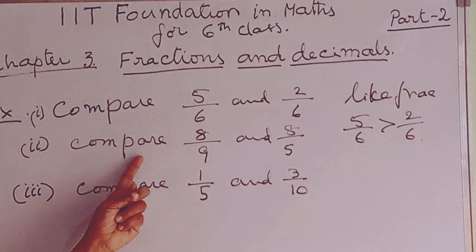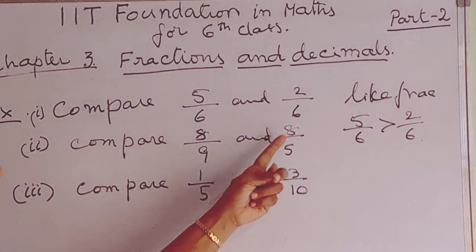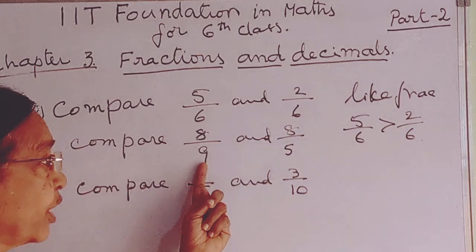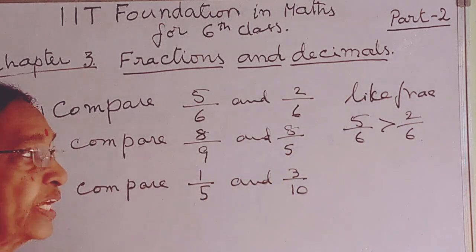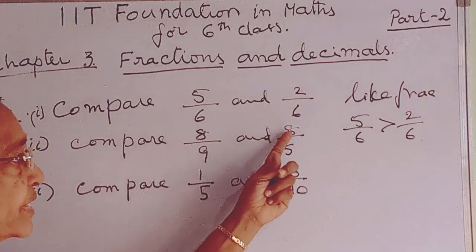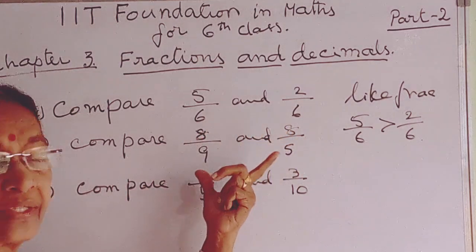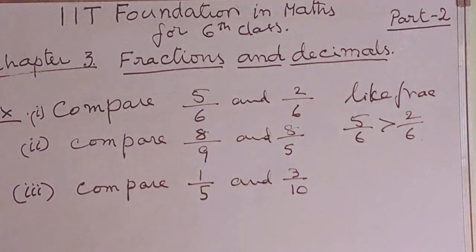Next, compare 8 by 9 and 8 by 5. Here the denominators 9 and 5 are different. These are unlike fractions. But the numerators are the same, 8 and 8. Therefore we can compare them.